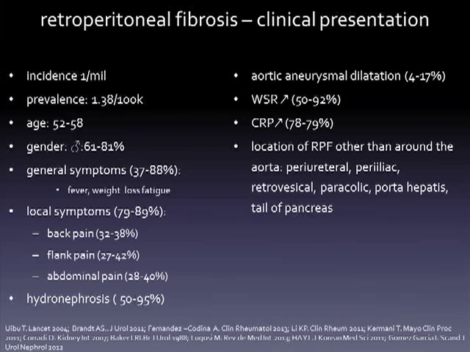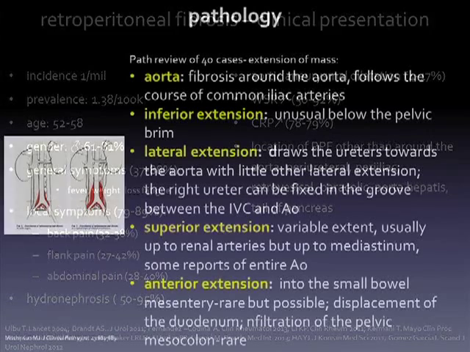So the vast majority of patients, this fibrotic mass occurs around the aorta. But in all these series that I reviewed, there are a few patients who actually had this mass that was deemed to be retroperitoneal fibrosis in other locations, just periureteral or periiliac, retrovesical, or around the tail of the pancreas.